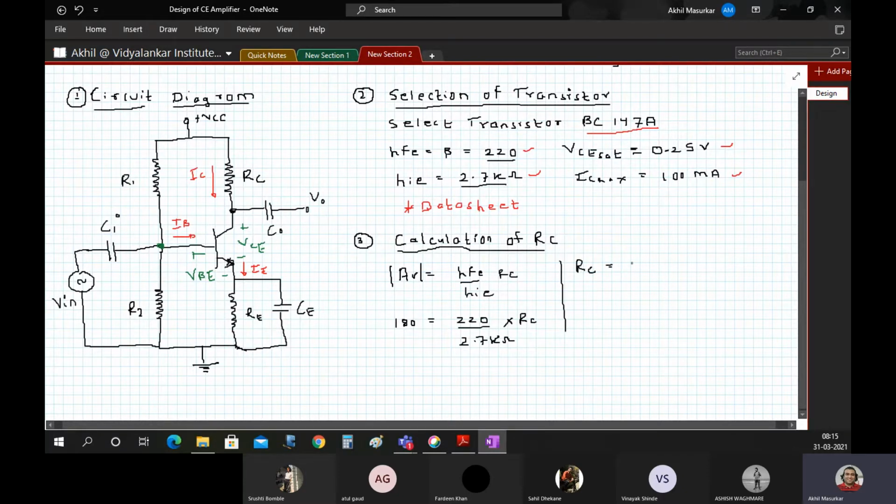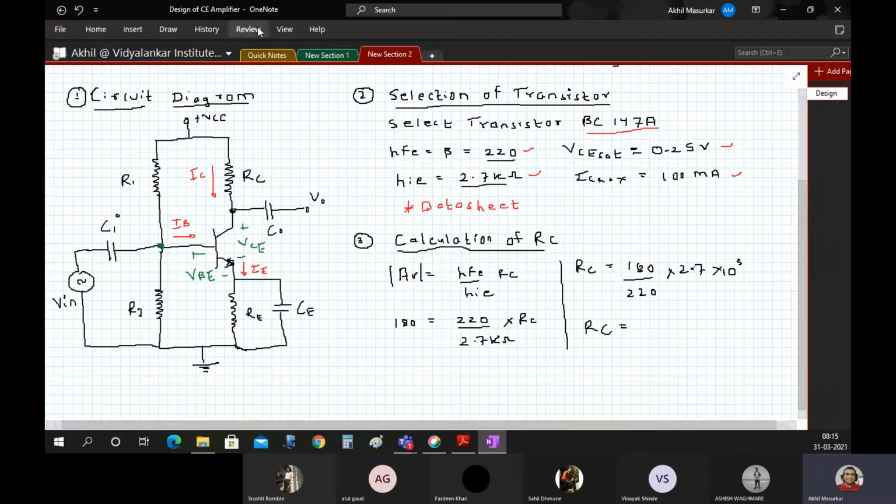RC is equal to 180 divided by 220 into 2.7 into 10 raised to 3. So please tell me what is the value of RC. Post your answers in the chat box.